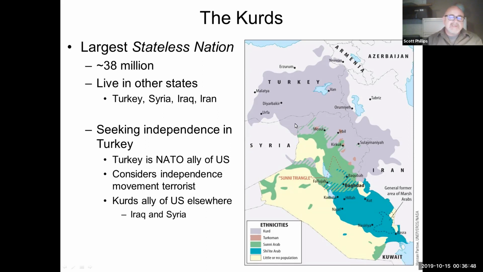However, in other places, especially what had been the case in Syria and has been the case in Iraq, the Kurds have been an ally of the United States in fighting against the Islamic State, or ISIS. However, what complicates the situation is that while Turkey and the Kurds don't get along, Turkey and the United States are both part of NATO, and so as such, by treaty, they should be allied with each other. And so this makes it a complicated three-way situation.